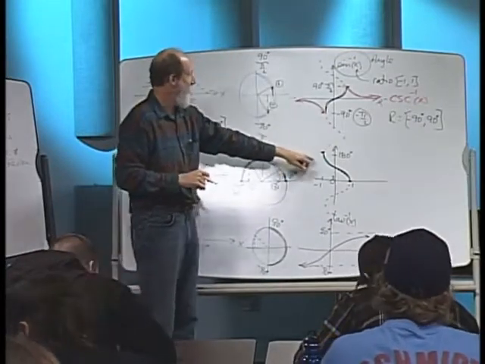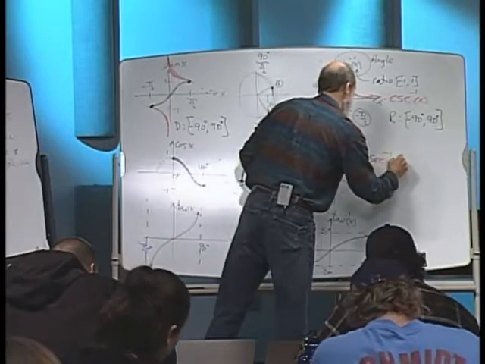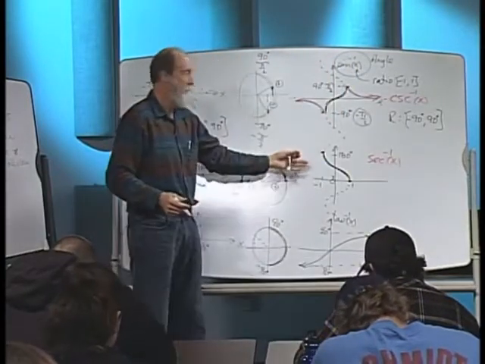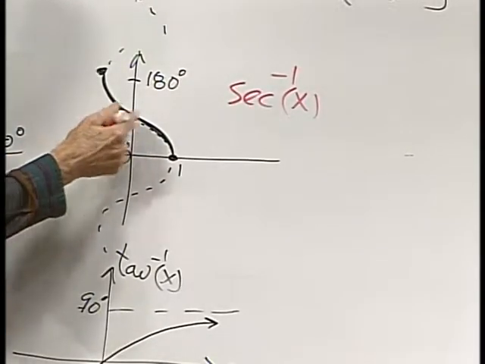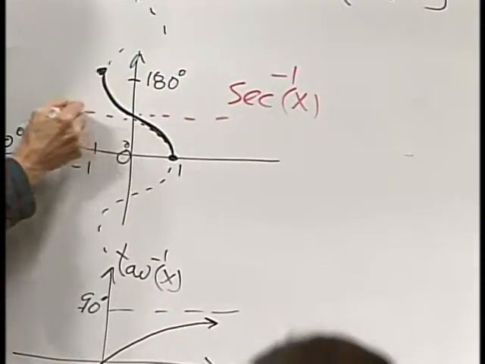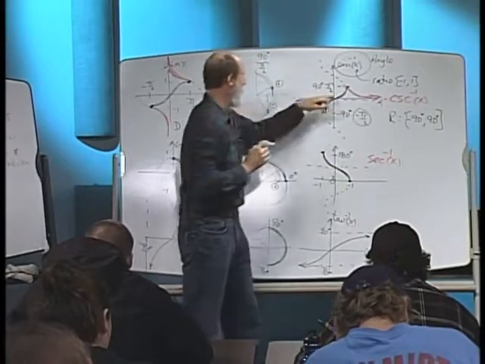Now, can't you lay the inverse secant graph down here now? On this one? Yeah, and notice, see this y-intercept here? That's going to become a horizontal asymptote, just like the x-axis up here became a horizontal asymptote.